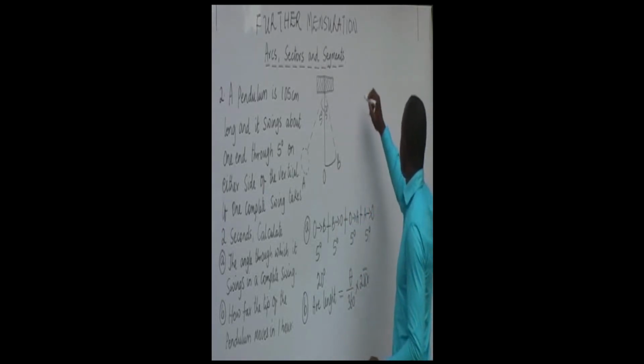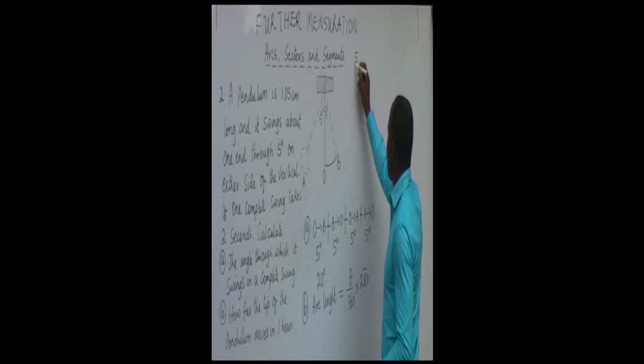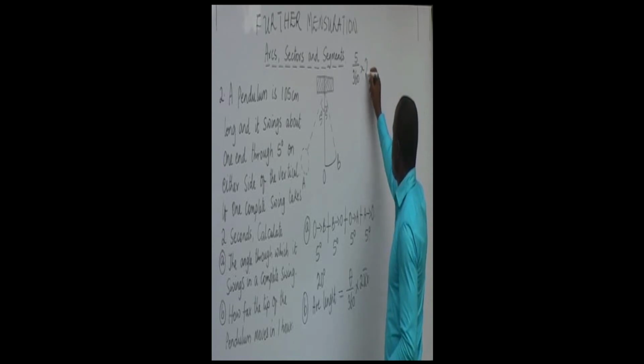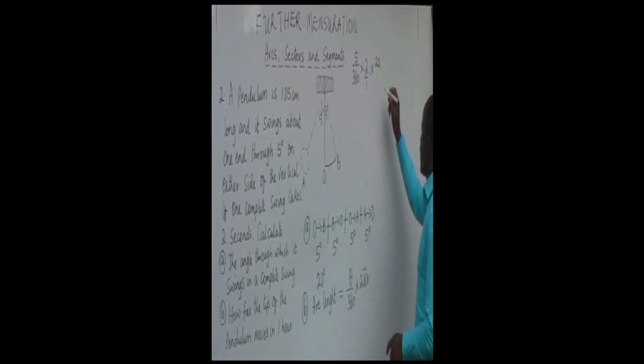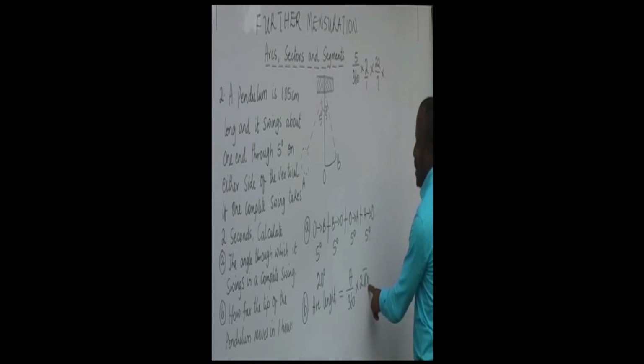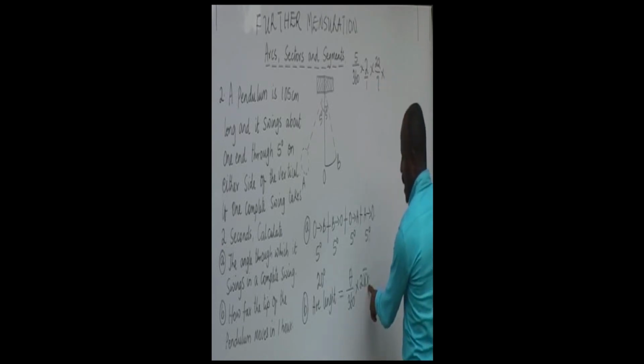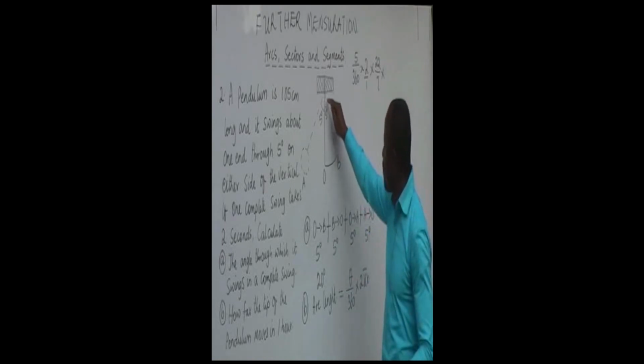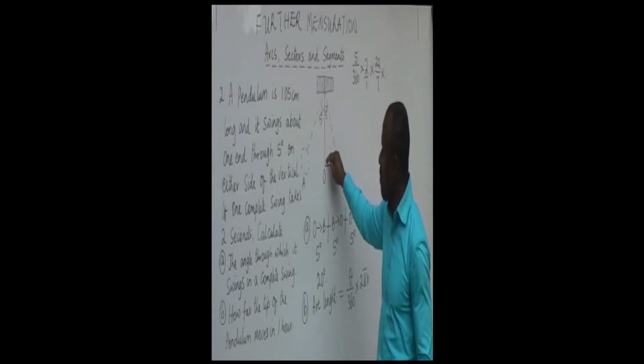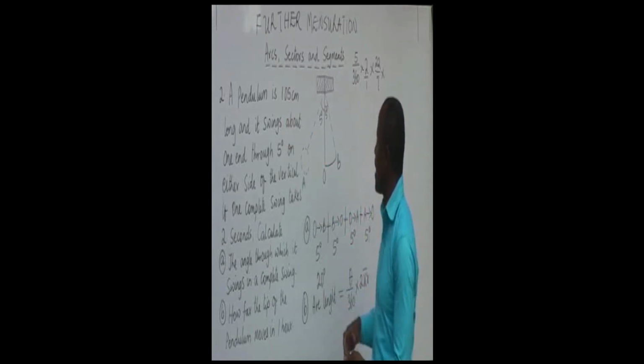So we're going to have 5 all over 360 times 2 all over 1 times pi, which is 22 all over 7, times r. The r that we're going to use here is the length of the perpendicular, which was given to be 105 centimeters. So we have 105 all over 1.